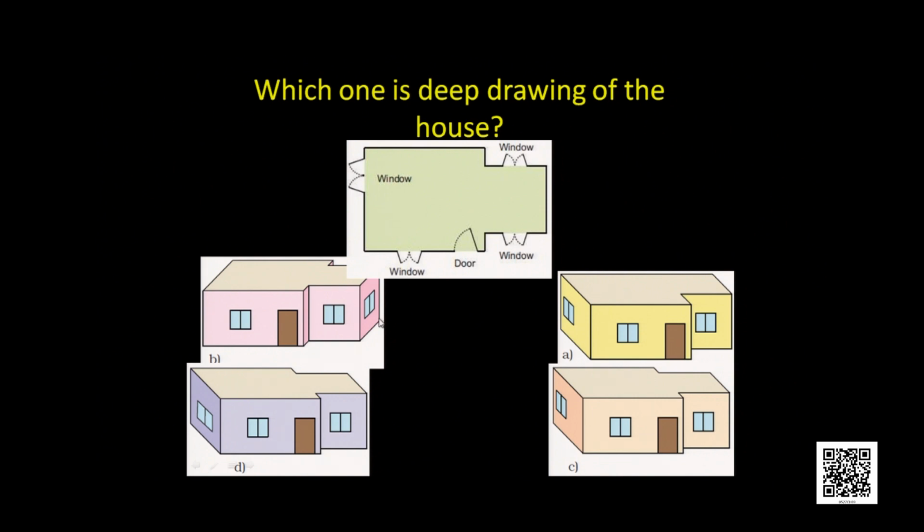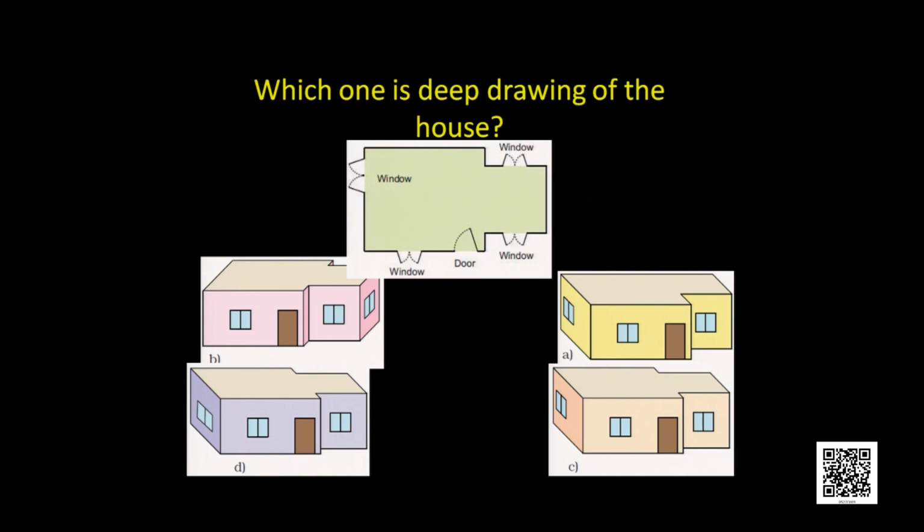Then we have to check for B. Here you see a door is there, 2 windows are there, but one extra window here which you can't find in the layout map or floor map. So, B can't be the deep drawing of this floor map.